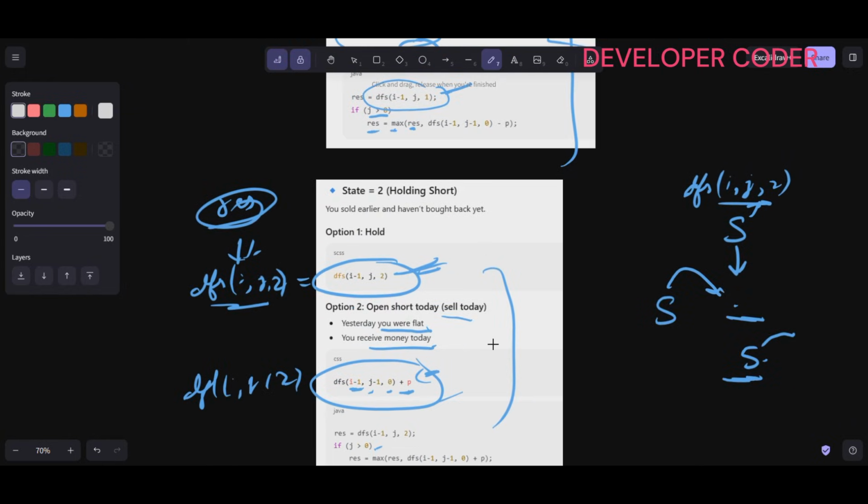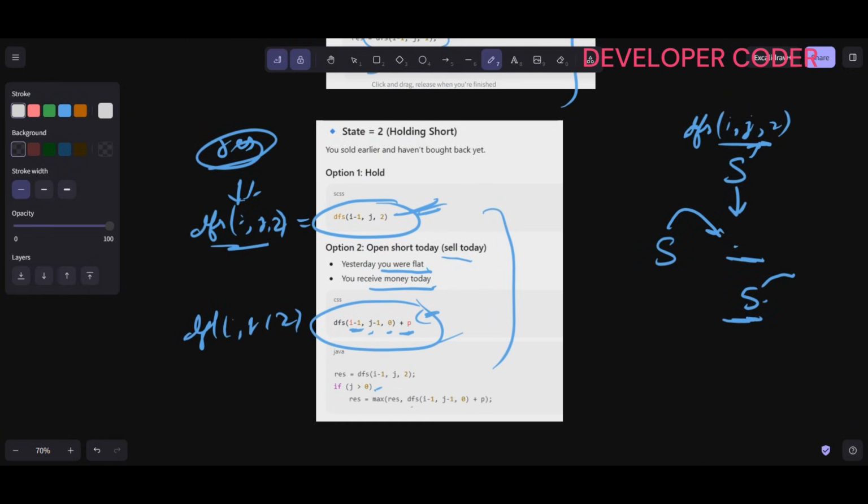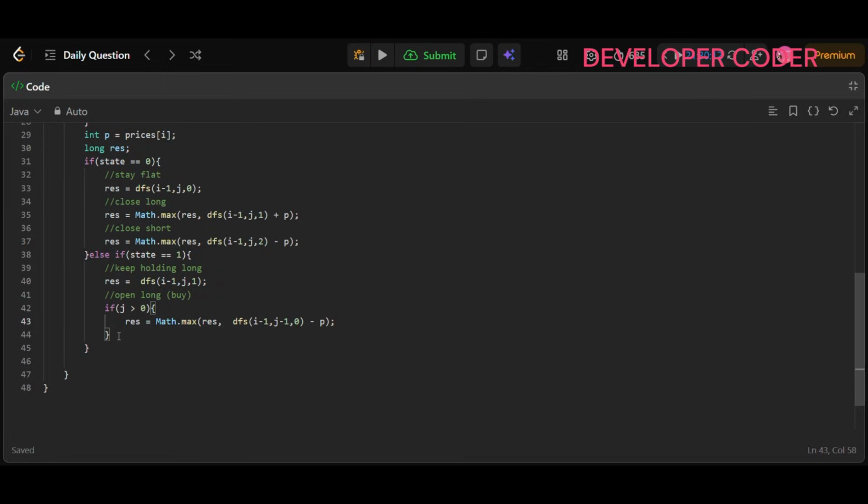Now state 2. Okay, so this is done. Else here means we are talking about state equal to 2 only, so only this is pending. State 2, now how am I going to do this?